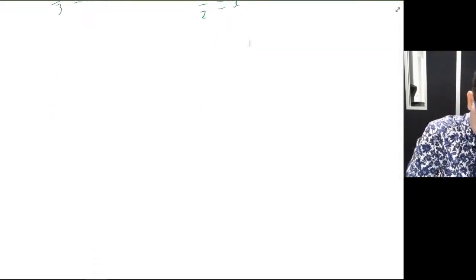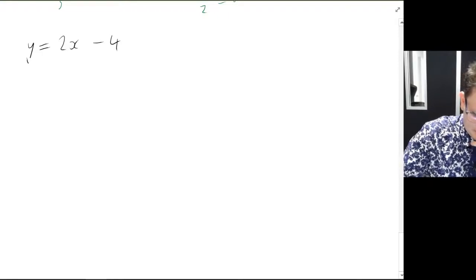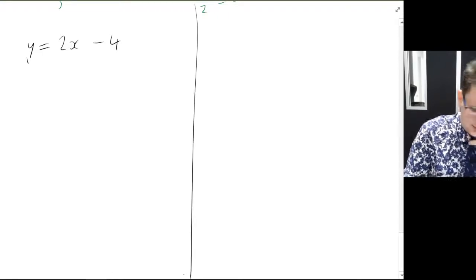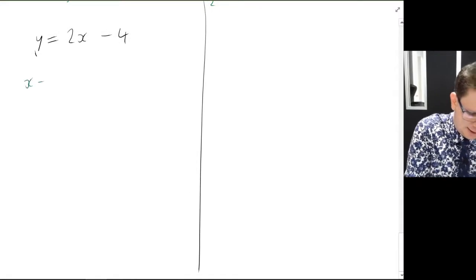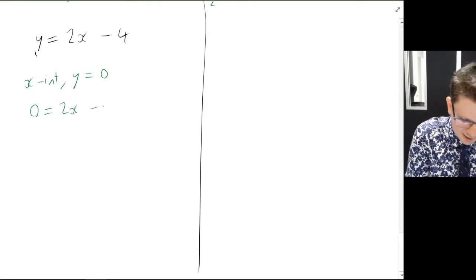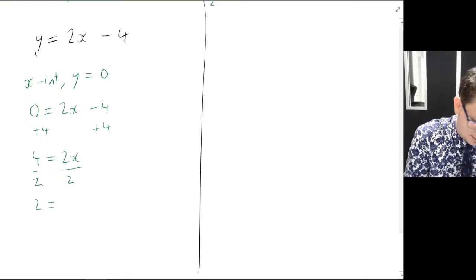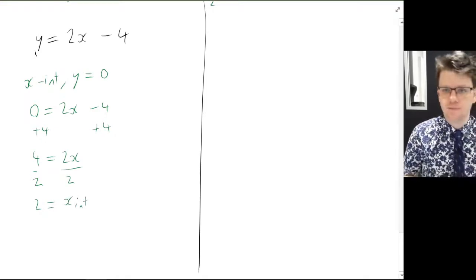So let's try y is equal to 2x minus 4. Alrighty? So let's do x-intercept first. So x-intercept is when y equals 0. 0 equal to 2x minus 4, add 4 to both sides. 4 equals 2x, divide both sides by 2, and my x-intercept is 2.